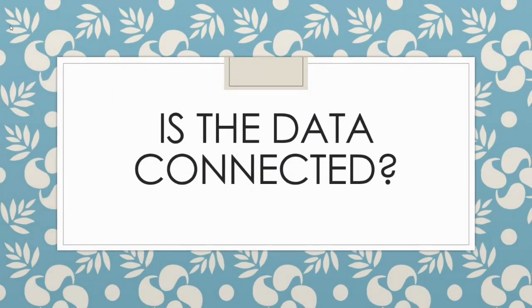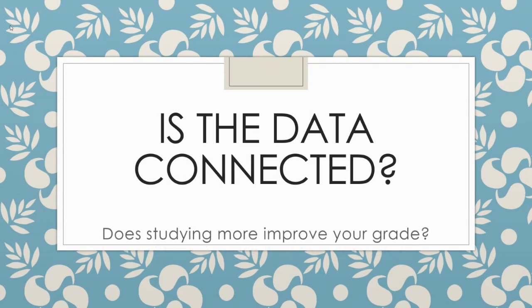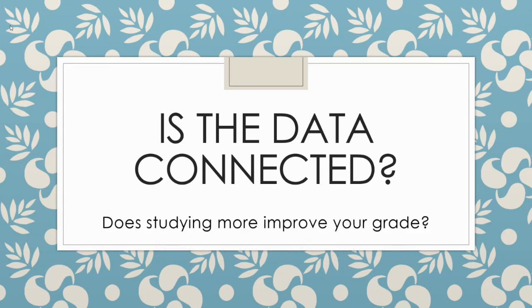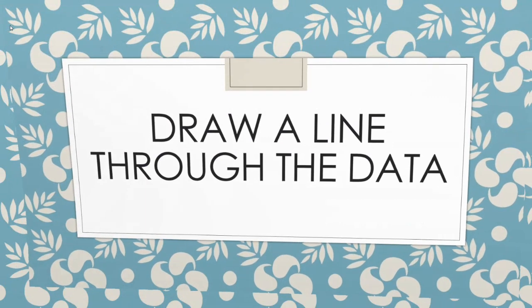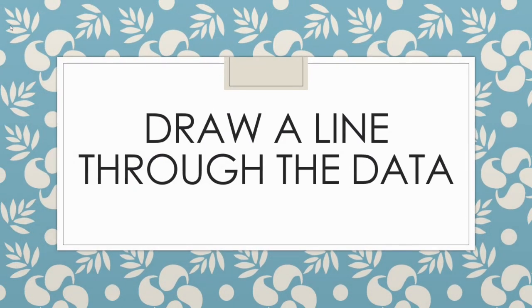Now, we have all that data on the plot, but how do we tell if it's connected? Which effectively answers the question, does studying more improve your grade? The way we can tell this is by drawing a line through the data.